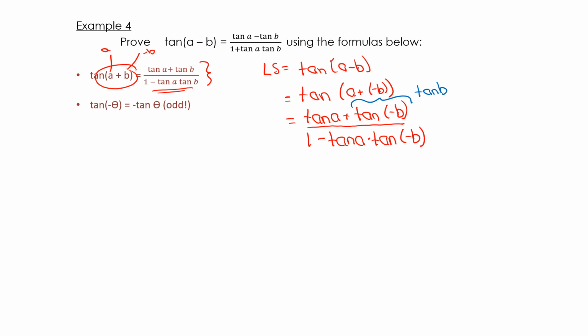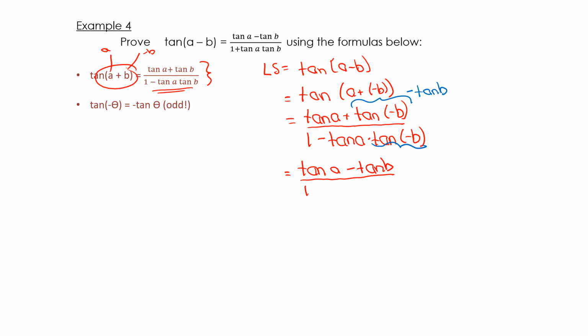So I'm going to make that a tan b now, but the negative is going to go in front. So I'm going to change that, and I'm going to change this. That's going to be tan a minus tan b now, because I moved the negative to the front because of the symmetry. I was allowed to do that.